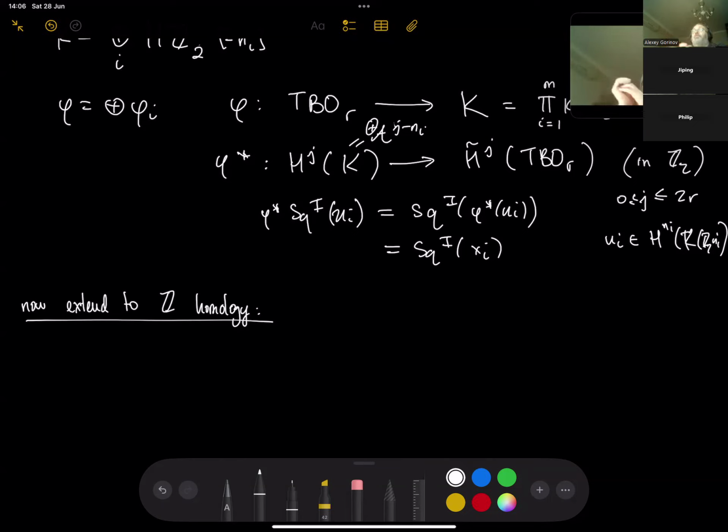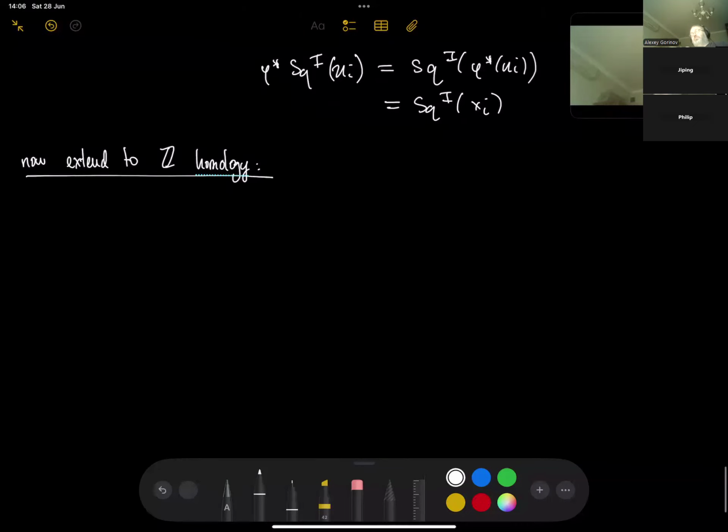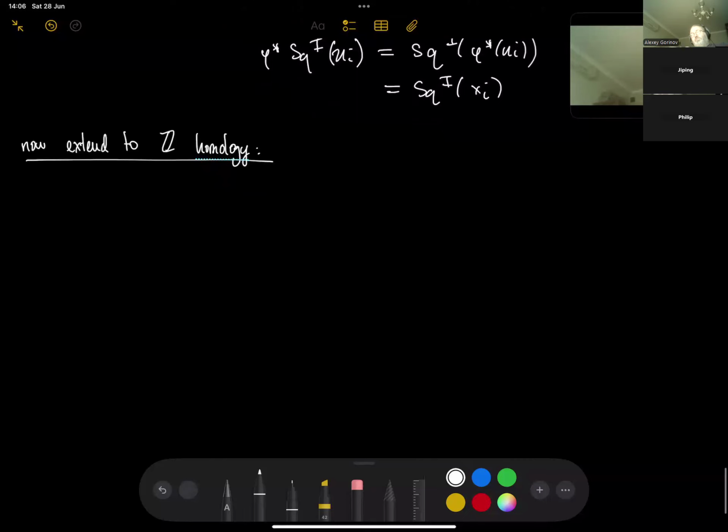Later we want to extend this to a homotopy equivalence within this range, and to do that we need a Hurewicz theorem, which requires isomorphism in Z homology. To extend to Z homology, we'll first use some facts about the Z/p cohomology.